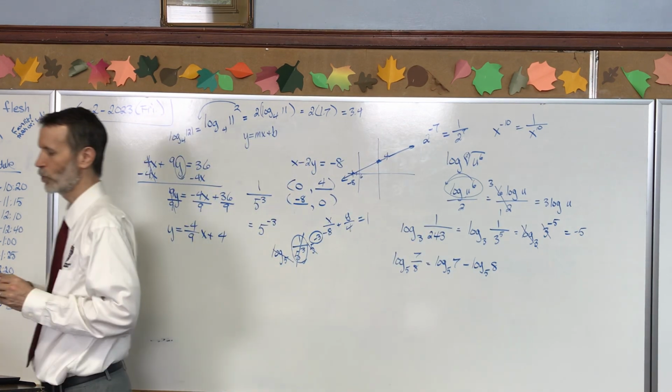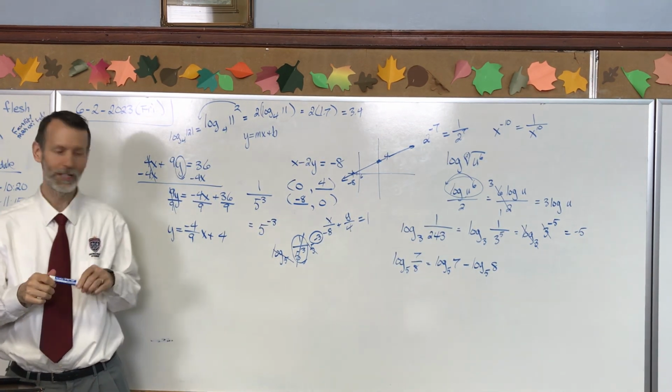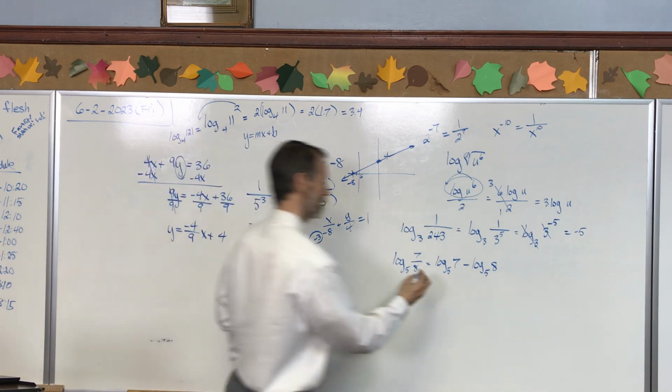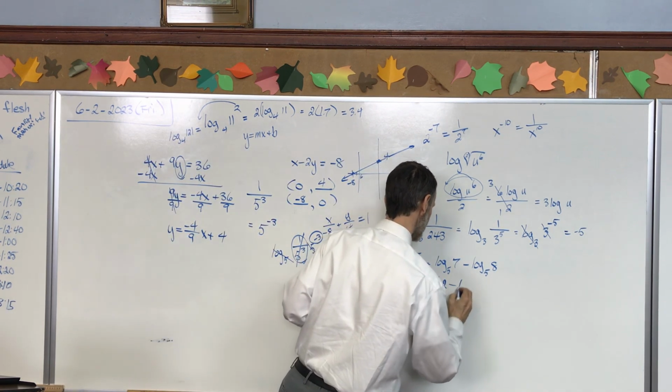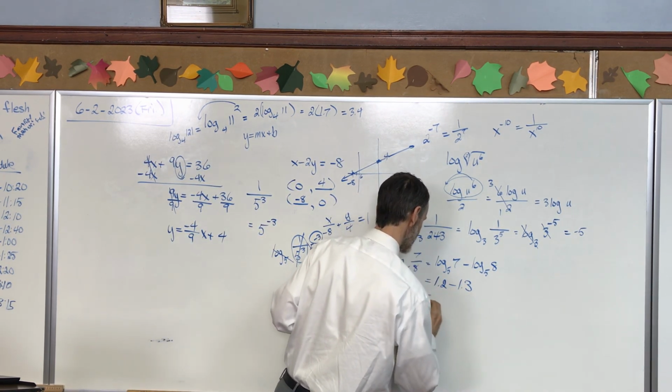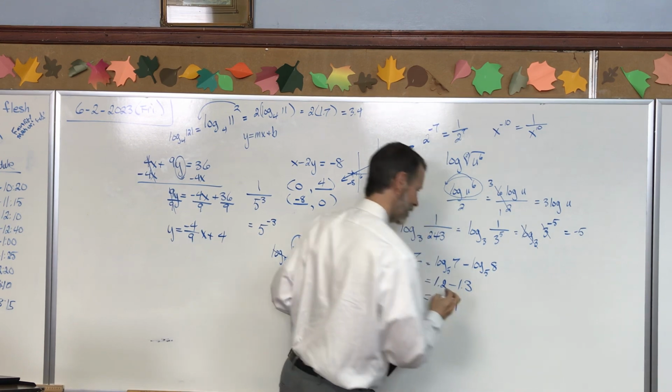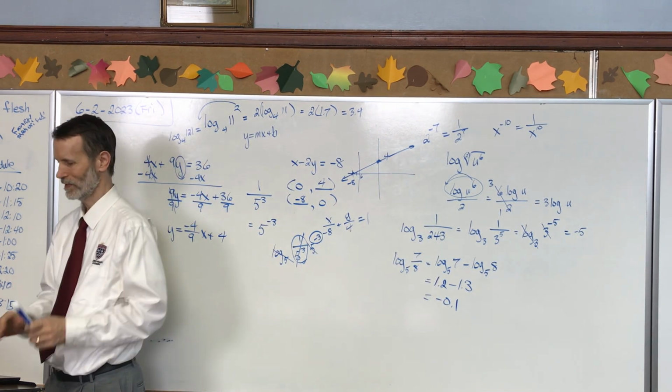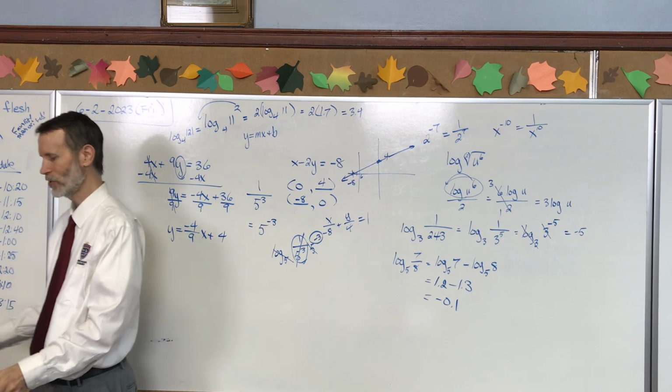Log base 5 of 7 is 1.2 and log base 5 of 8 is 1.3. So it's basically 1.2 minus 1.3, which gives you negative 0.1. Anybody want to see 29?